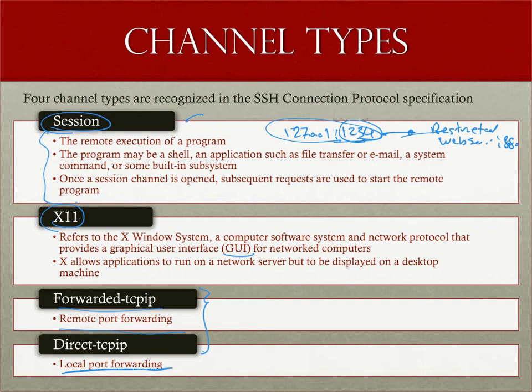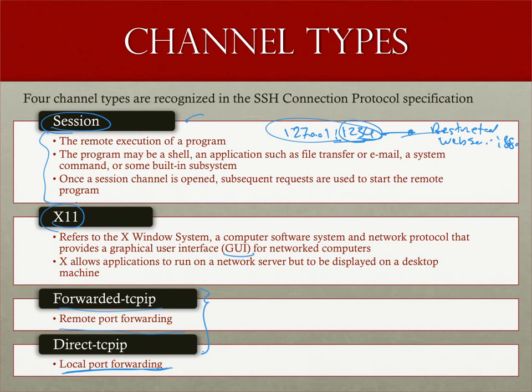So you have access to all these 4 fields: local IP, remote IP, local port, remote port. So port forwarding either works on the local port or on the remote port.